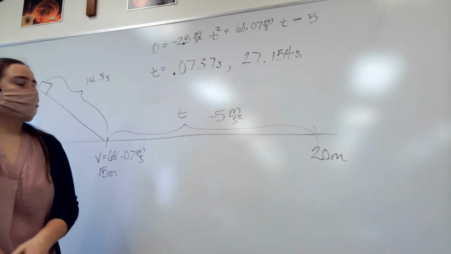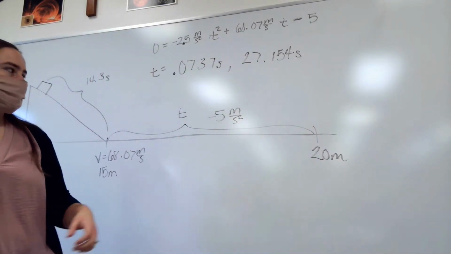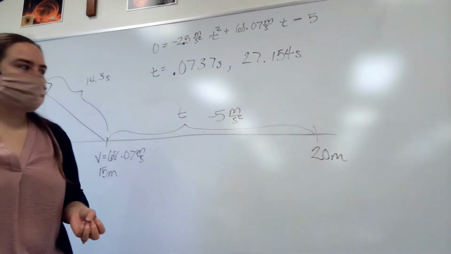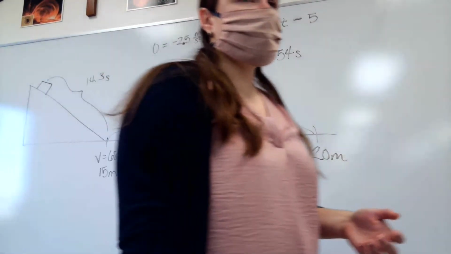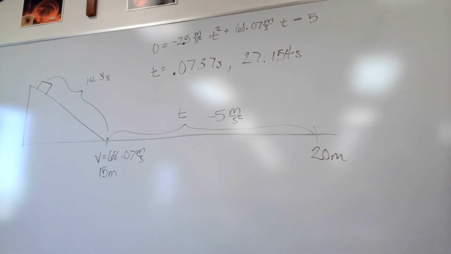Okay. Now, if this were friction, like we kind of talked about it being, with the negative 5 meters per second squared, friction does this weird thing where as long as you're moving, you actually have a constant value of friction. So you would have a constant acceleration the entire time you're moving. Once you stop, however, your friction actually changes. It goes from kinetic friction to static friction. And static friction is actually bigger than kinetic friction.